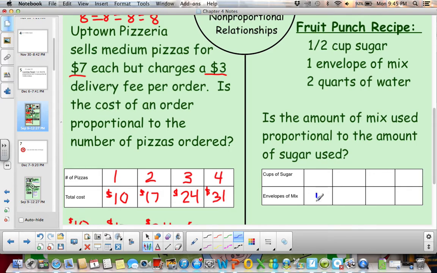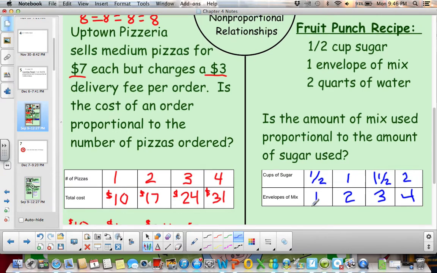So if we have 1 envelope of mix, we have a half cup of sugar. If we have 2 envelopes of mix, we have 1 cup of sugar. 3 would be 1.5. And 4 would be 2. So we can write it either way.